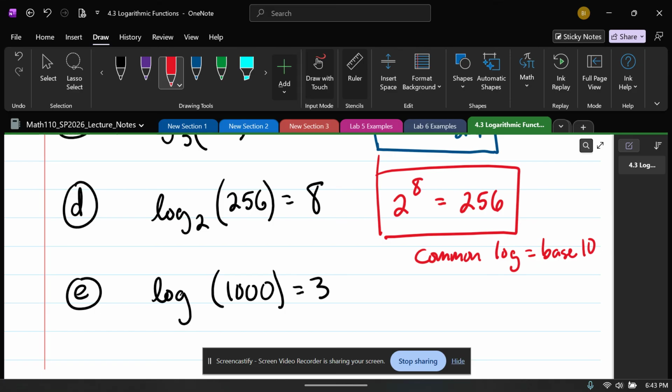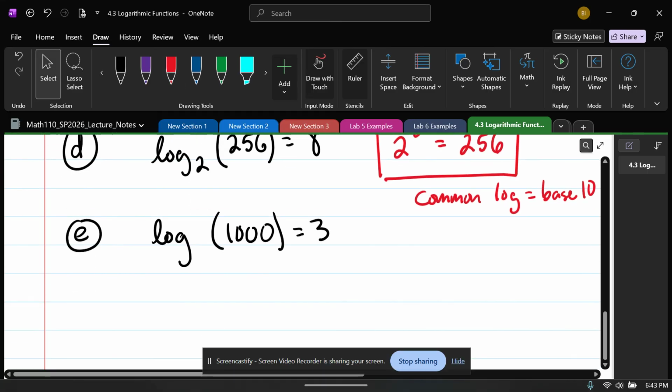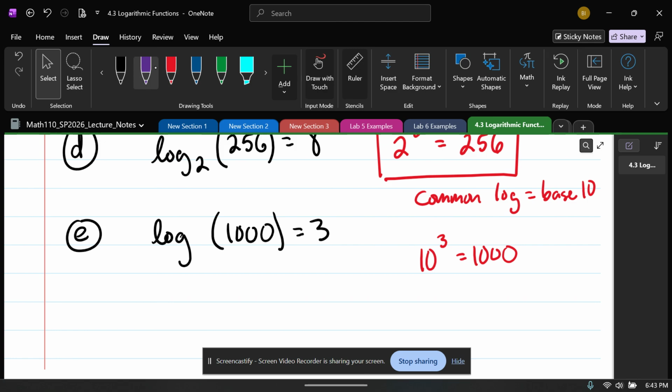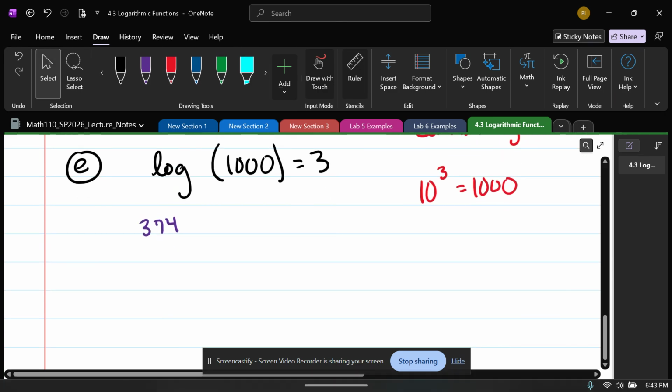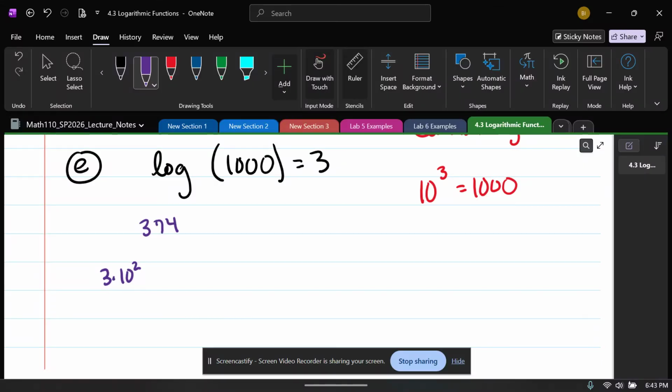The reason it's the number system we live in is because of all the numbers that we use. Like if I gave you the number 374 in base 10, the 3 is in the hundreds digit, so that's 10 squared.